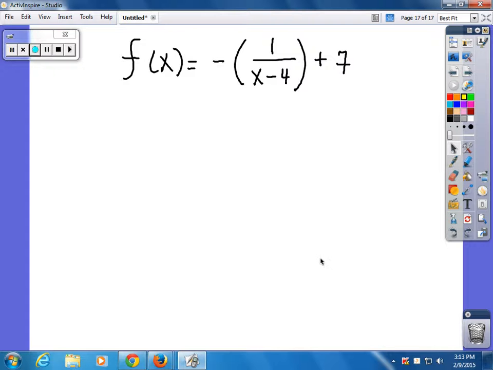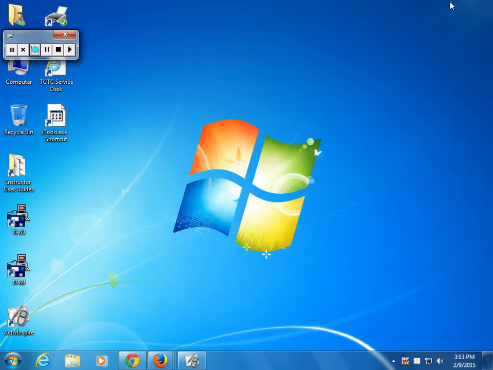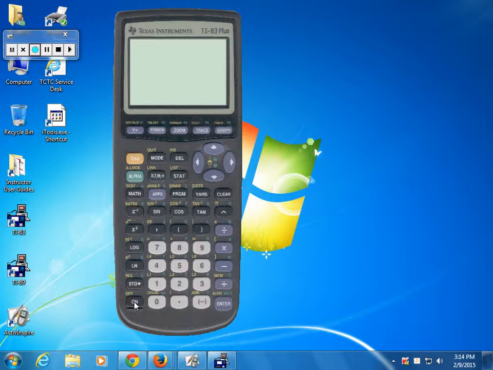Now, some of your parent graphs, you may want to put the negative in your sketches also, because some of them can be a little bit confusing.